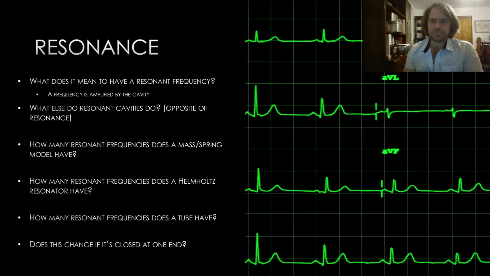Okay. What else do resonant cavities do? It's the opposite of resonance. They attenuate things. So you have some frequencies that are being amplified, getting louder, but you have some that are going to get quieter because they're farther away from the resonant frequency.